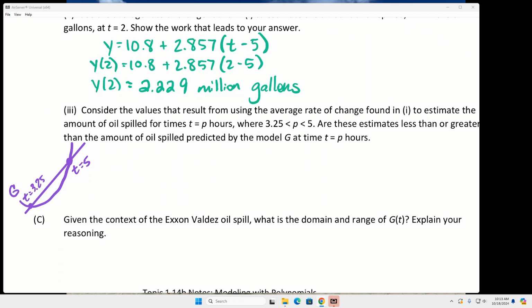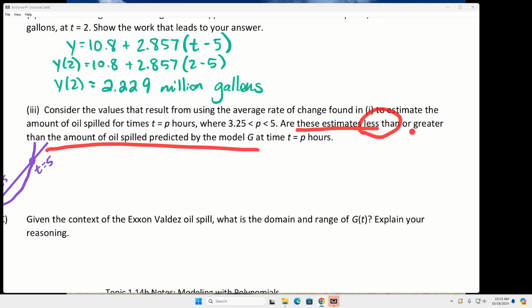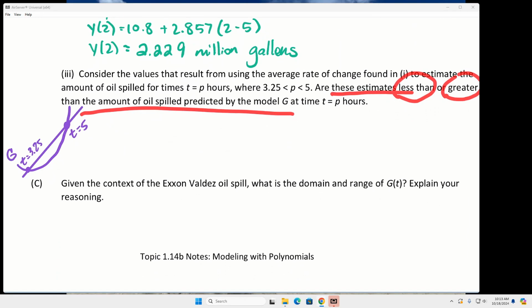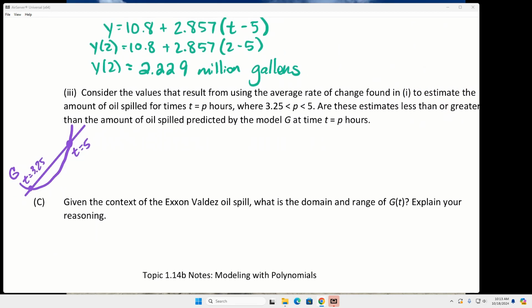And I'm going to quote the problem a lot on this one because it's easy to just say something a little bit wrong, but if you're quoting the problem, you're probably good. So I'm going to start right here, and I'm going to write almost exactly what this is, but I have to decide between less or greater. So if we're talking about between 3.25 and 5, are the estimates from the average rate of change going to be less than or greater than?